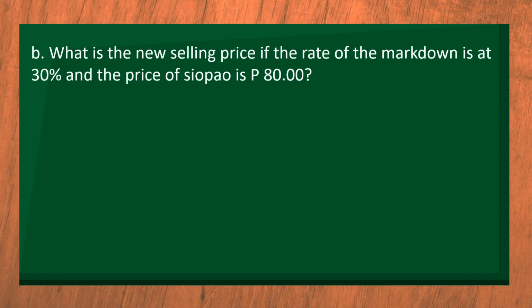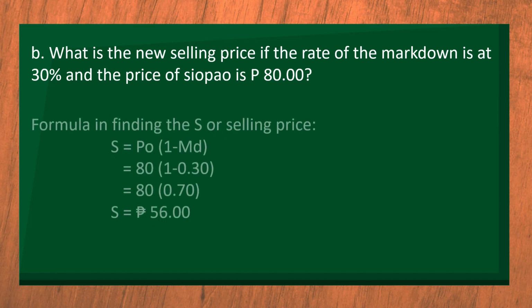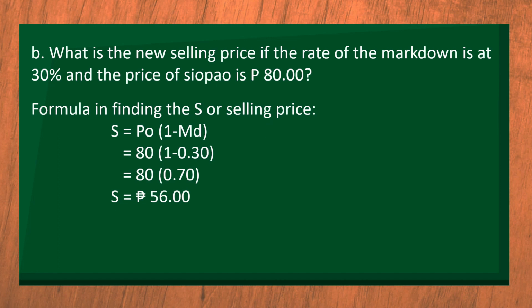Another scenario, what is the new selling price if the rate of markdown is at 30% and the price of siopao is 80 pesos? The formula for finding the S, or selling price, is S is equal to the price offer times the quantity 1 minus MD, the markdown rate.